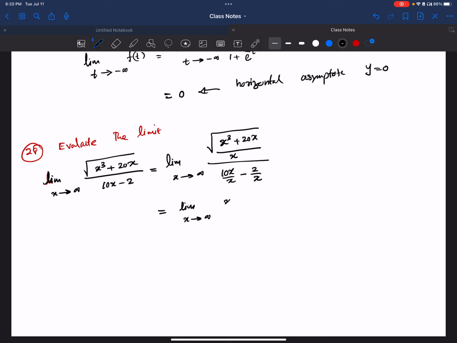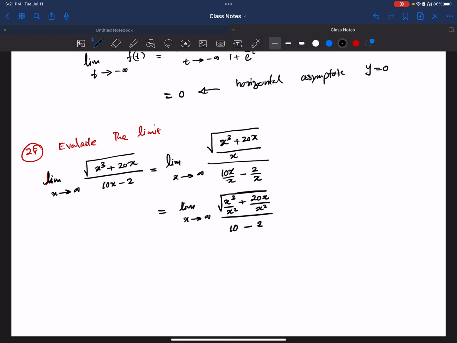This would be x squared plus 20, divided by x cubed over x squared and 20x over x squared, and divided by 10 minus 2.